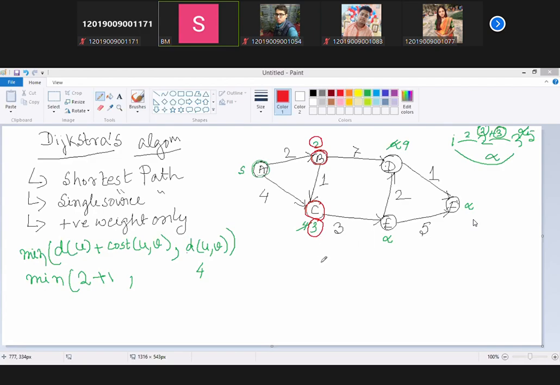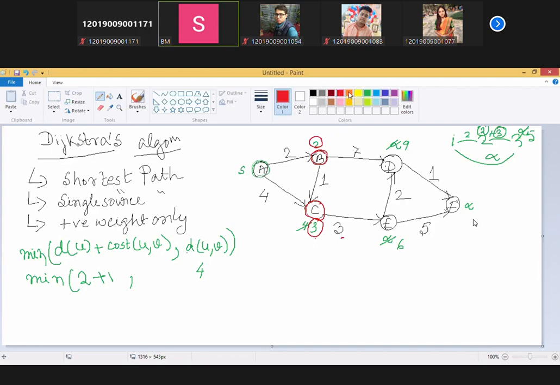From 3, the cost is again 3. With C, the only connection is with E, so it will be updated with 6. Fine. No other edges are connected with C, so you can move forward.